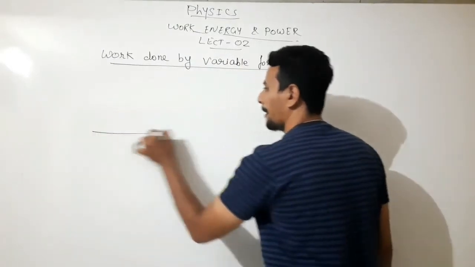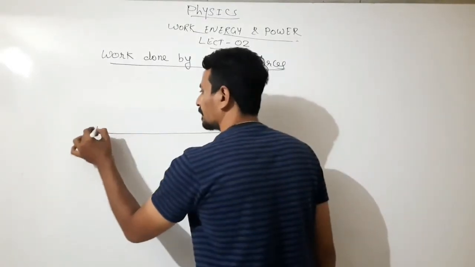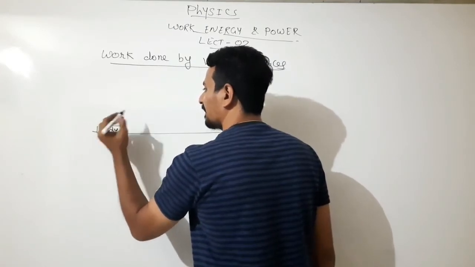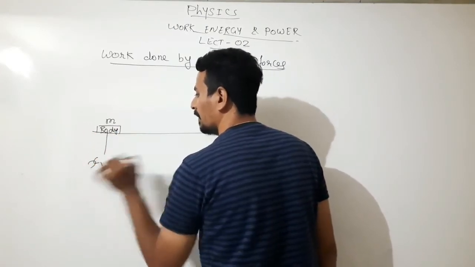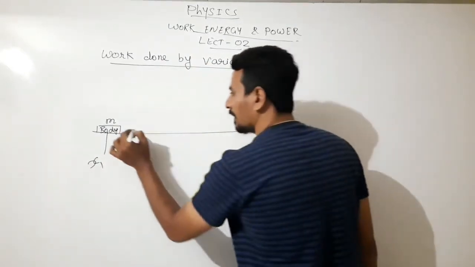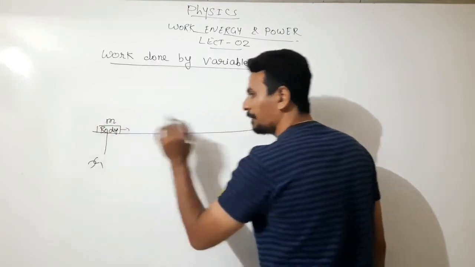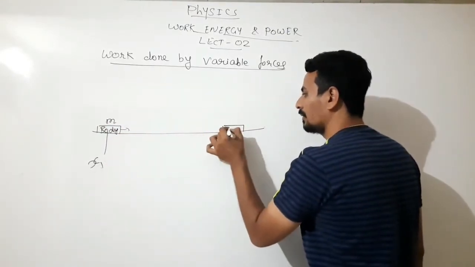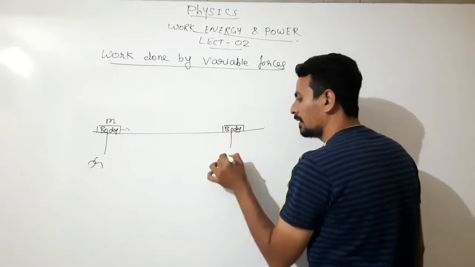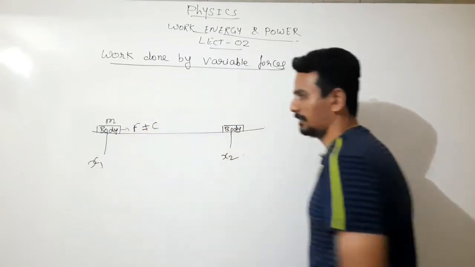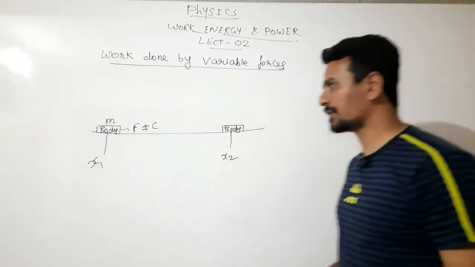Suppose a body having a mass m has a position x1. It is performing motion, say from x1 to x2, right, under the influence of a force which is not constant. Let me explain you the situation.